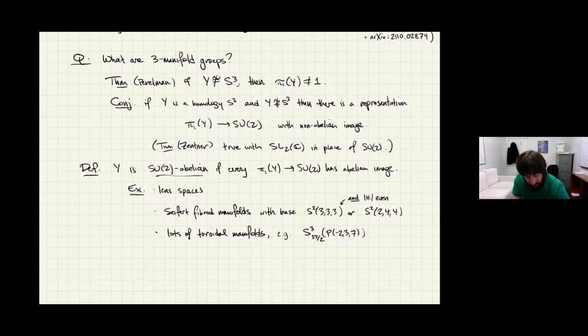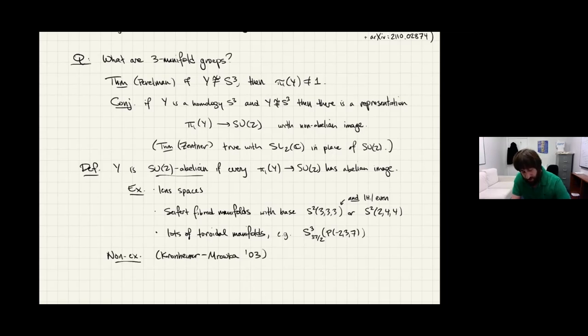But here's a non-example, a really nice family of non-examples. So this is due to Kronheimer and Mrowka. It sort of fell out of their proof of the property P theorem, so it's about 2003.